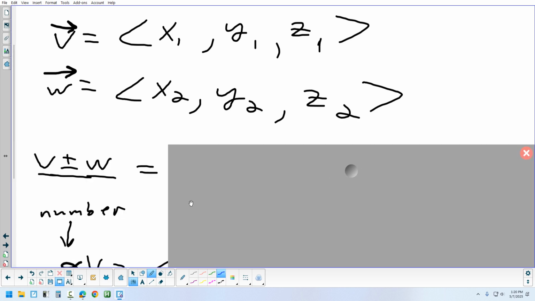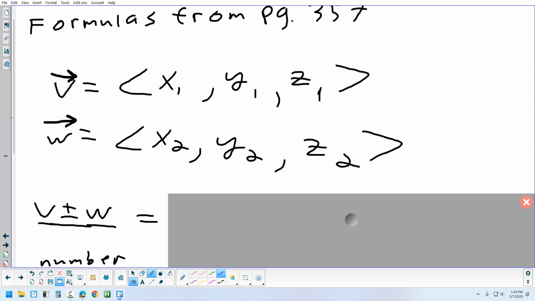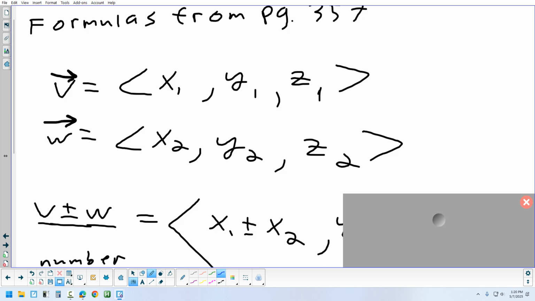So if you wanted to add two vectors together in 2D, you'd take the x components of each vector and add them. If you're going to add these vectors, you do x1 plus x2, y1 plus y2, and that would be it for 2D.